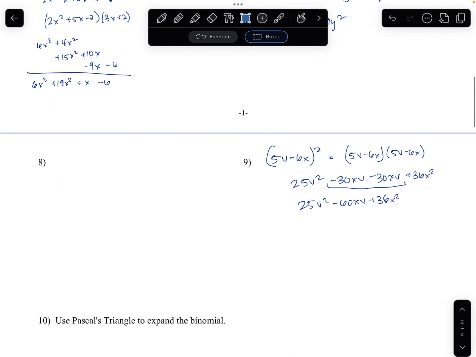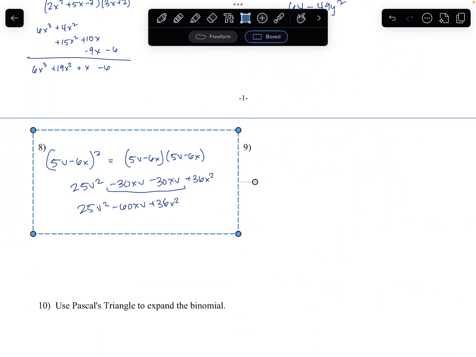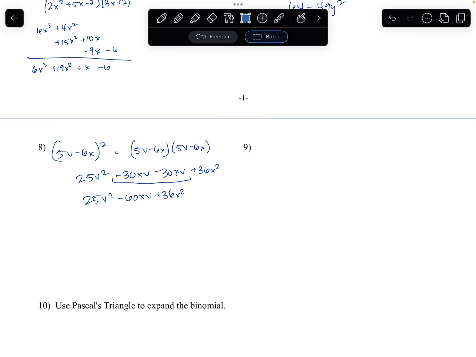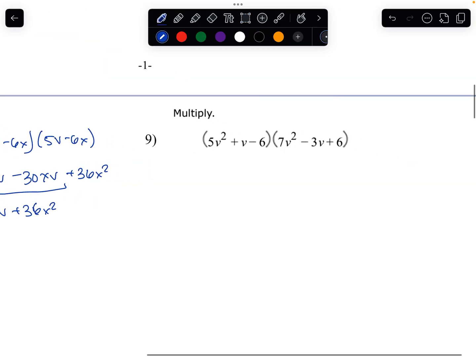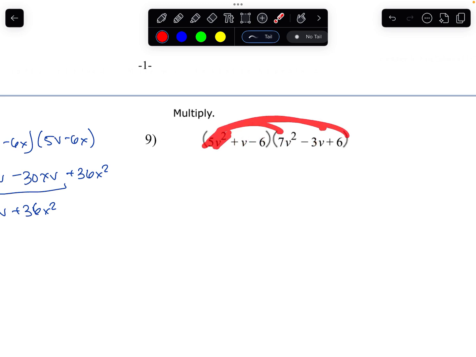This right here should be what your question 8 is. And then this question right here is going to be what your question 9 is. Okay. So here, multiply all 3 terms here with every term here. So I like to just start with the first term, multiply all 3 terms. Then I go to the next term, multiply that, so on and so forth.